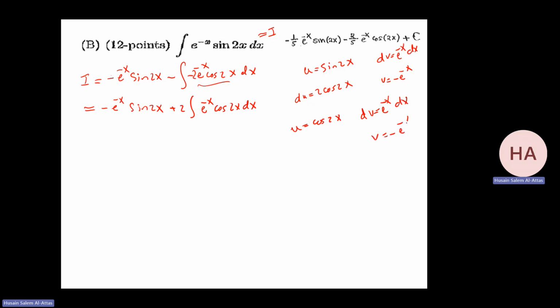So v is minus e^(-x), and du is minus 2 sine 2x dx. So that will be minus e^(-x) sine 2x plus 2 times minus e^(-x) cosine 2x.